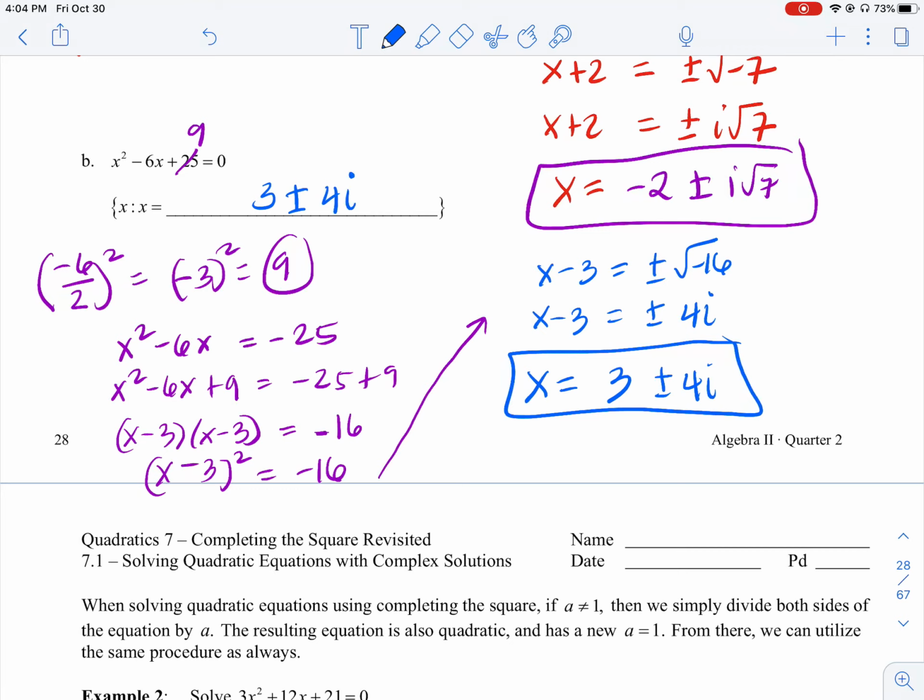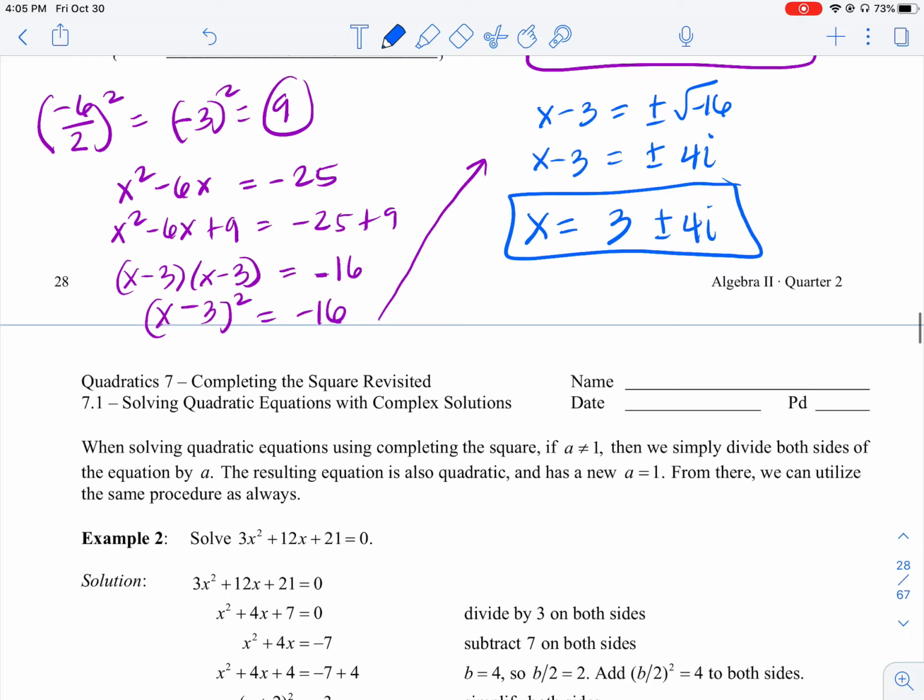And of course, because these are different terms, because the 3 is not an imaginary number, I can no longer combine them, and I'm just going to leave it as is, 3 plus and minus 4i. Some people write this as 3 plus 4i and 3 minus 4i. And that's perfectly fine. But I usually just combine them.